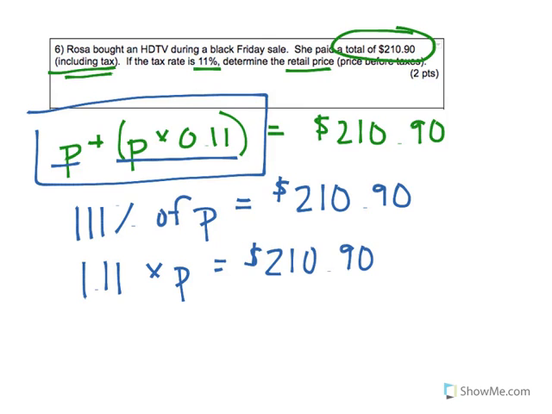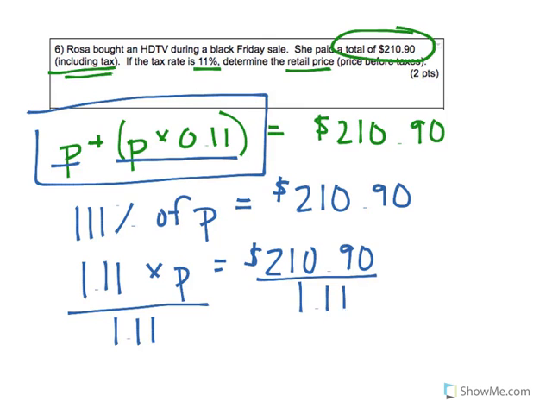Again, like a problem earlier, I'm going to use the opposite of multiplication. I did not mean to say reciprocal, just for the clarity of this. I'm going to use the inverse of multiplication. I can multiply by the reciprocal, or I can divide, and that's divide by 1 and 11 hundredths.